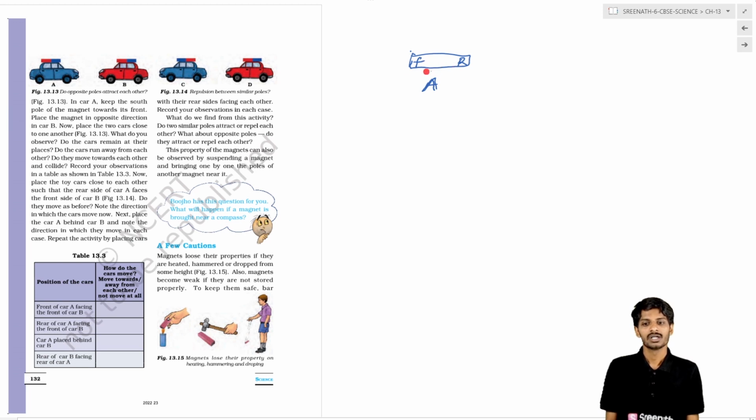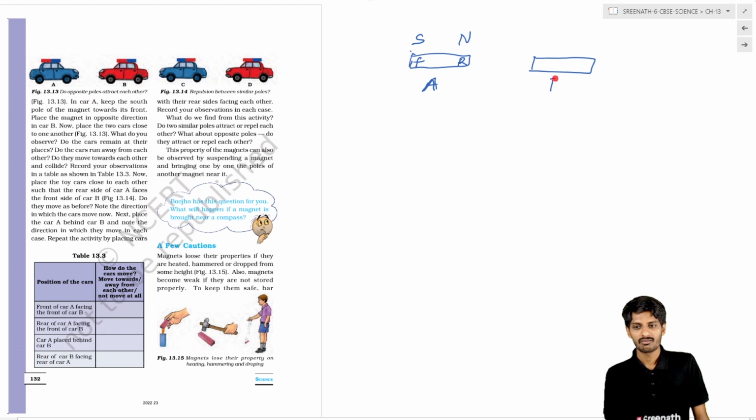What you have to do in car A is keep the south pole of the magnet towards its front side. In the front side you put the south pole, and then automatically the rear side will be the north pole. Now take another car, B. For car B, place the magnet in the opposite direction.